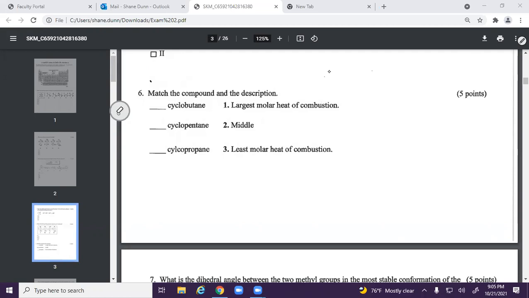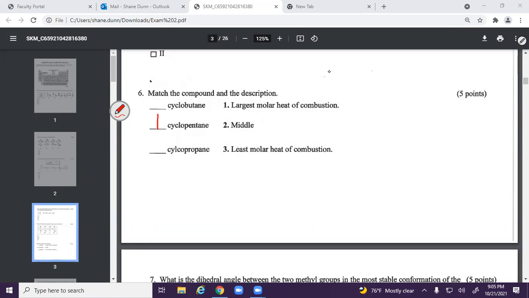Cyclopentane would be the largest. Why? It's the biggest. Which one's the biggest? Cyclopentane. Why? Because it has 5 carbons. Good. Which means it can blow up more. Got it. Good.